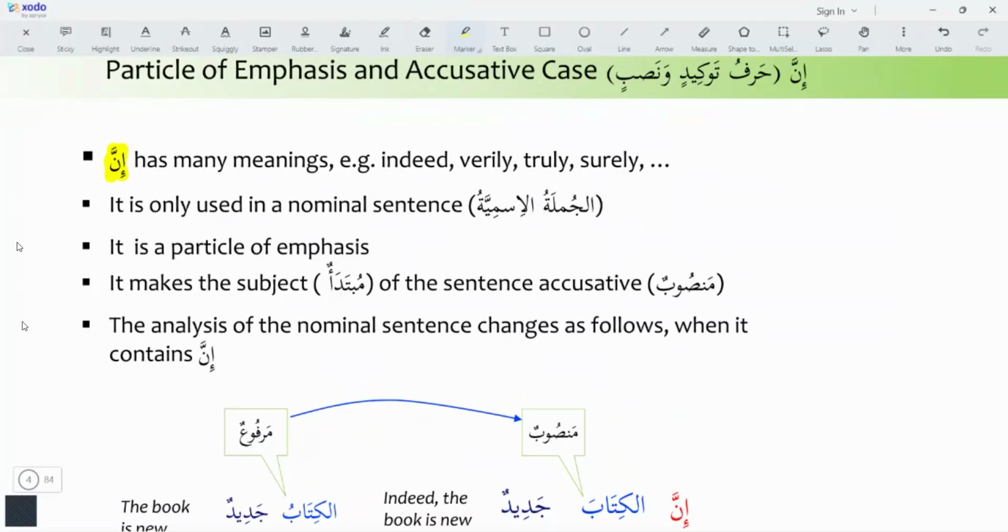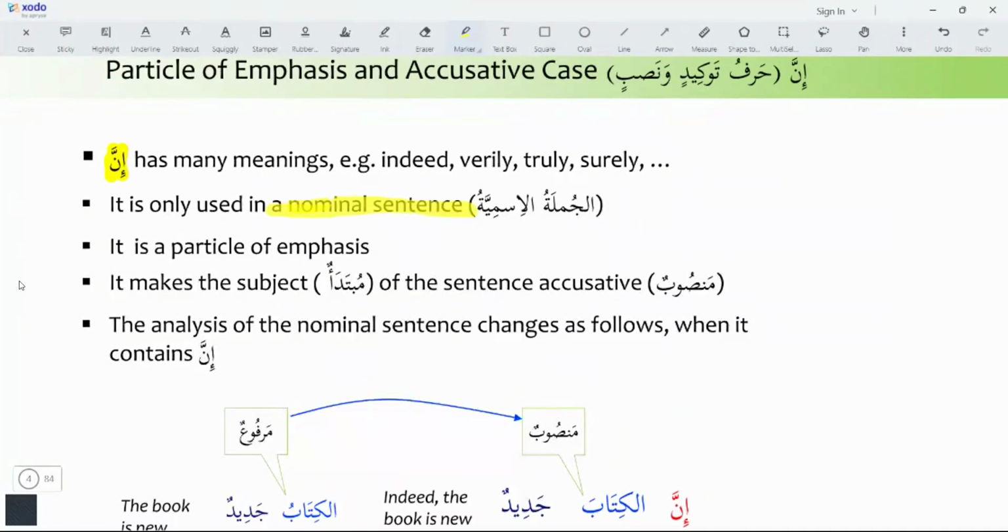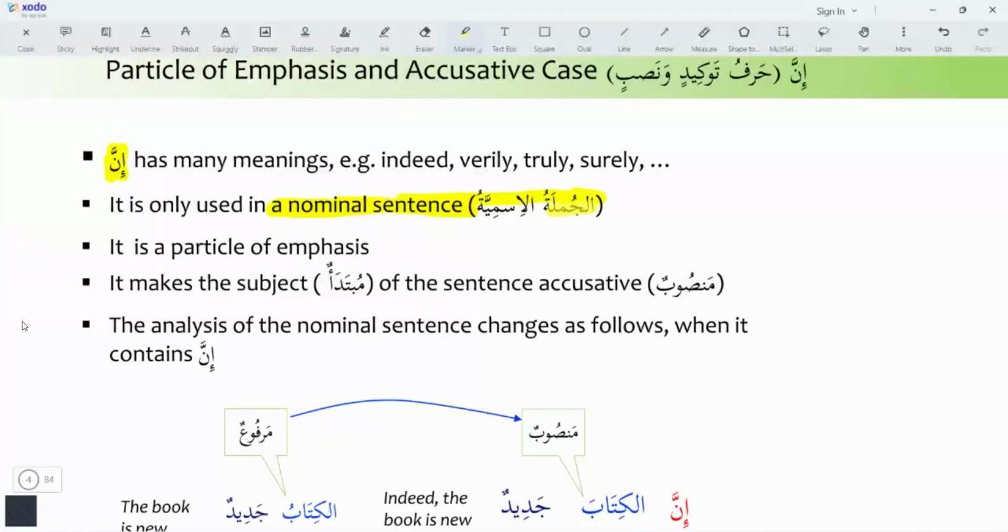Inna has many meanings: indeed, verily, truly, surely. It is only used in the nominal sentences, in a jumla tul ismiya. It cannot be used in the verbal sentence.